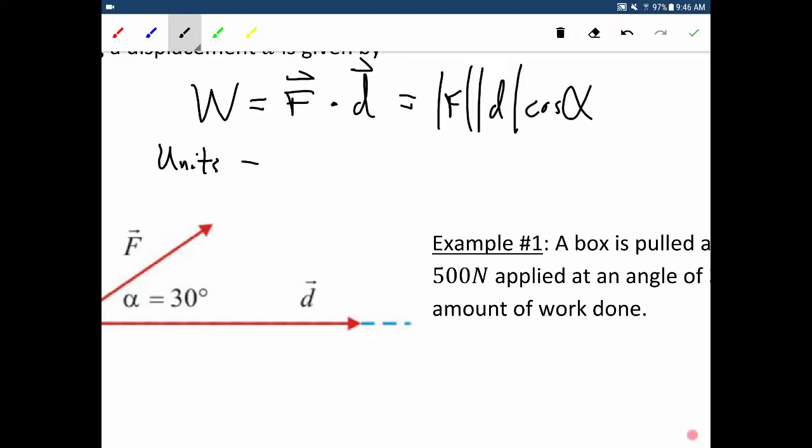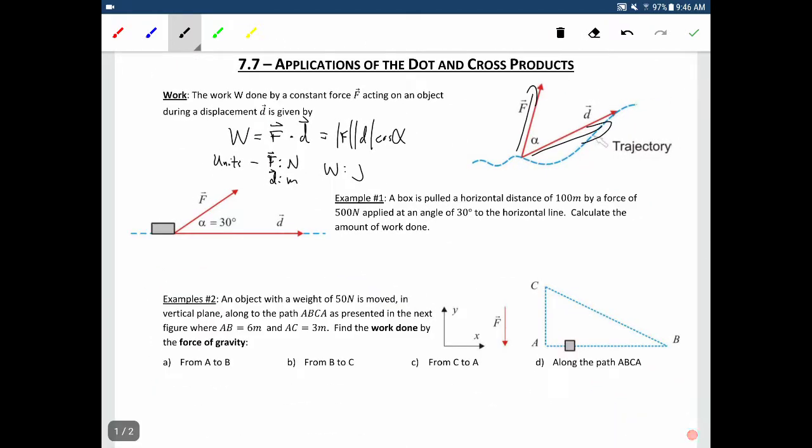For force, the units would be newtons. For displacement, the units would be meters, and for work, the units will be joules. It's a measure of energy.